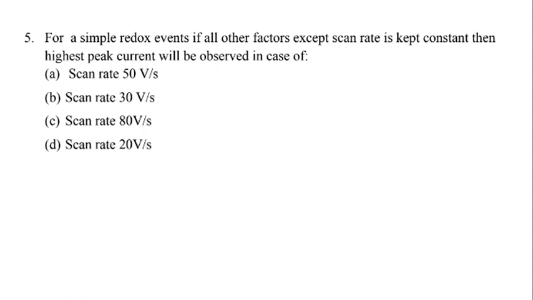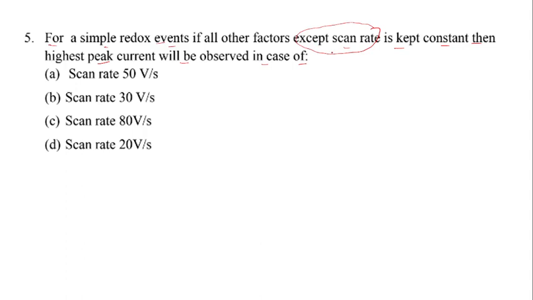Now question number 5. For a simple redox event, redox means reduction and oxidation, you can say a reversible reaction in simple form, all other factors except scan rate are kept constant. Only we are changing the scan rate. Then the highest peak current will be observed in the case of which?